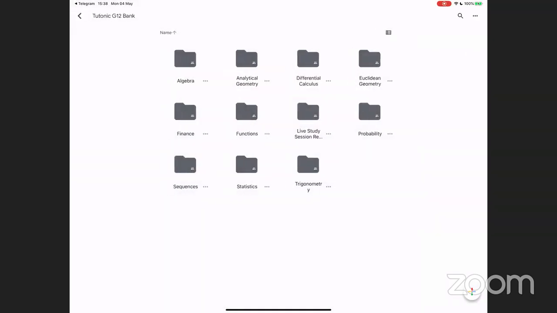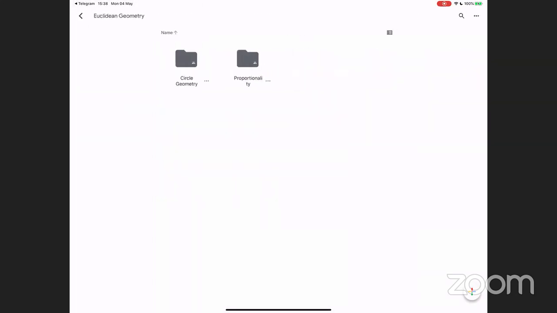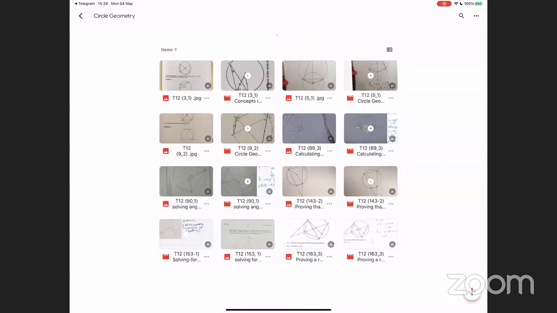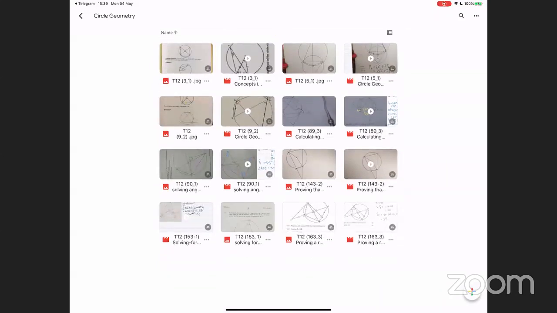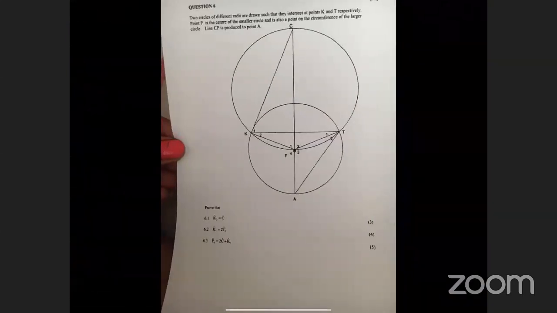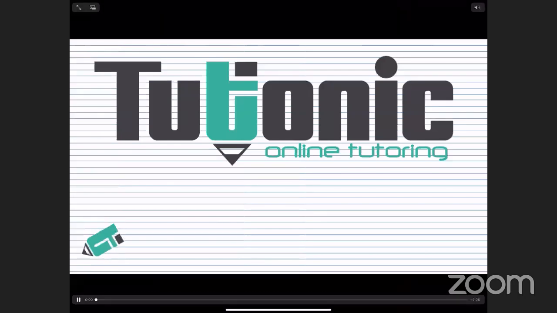So you as a student can go and see all the circle geometry. There's a lot more than this, analytical geometry that Tutonic has received, and you can even practice them. And then next to them is the video.